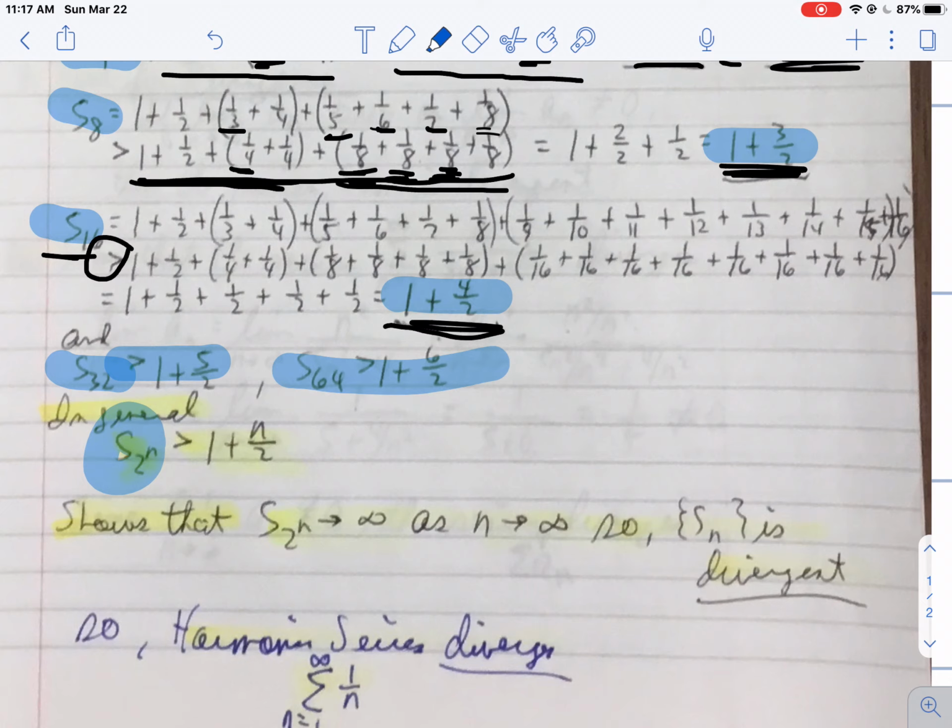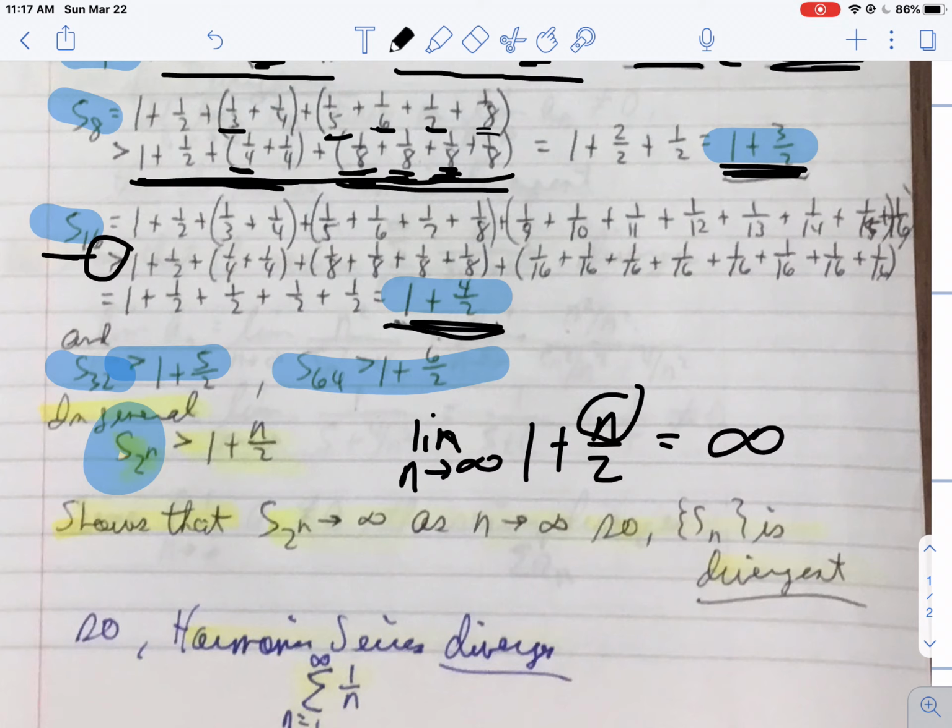Now, what does that do for me in terms of our series? Well, if you look at the limit as n approaches infinity of 1 plus n over 2, that's going to approach infinity, because as n approaches infinity, n over 2 approaches infinity, and 1 plus that, of course, would approach infinity.